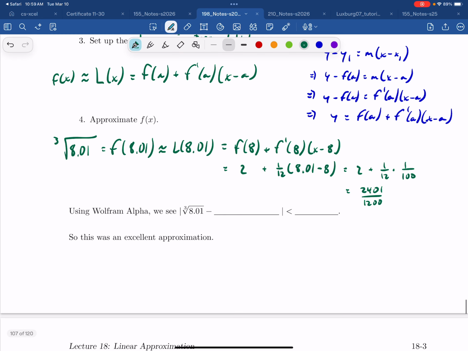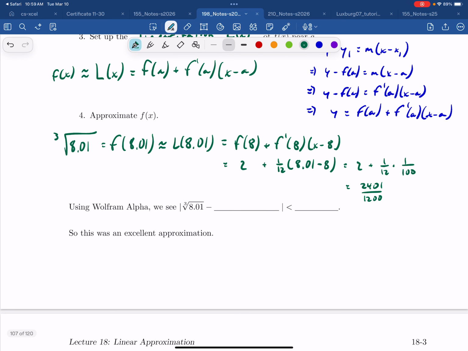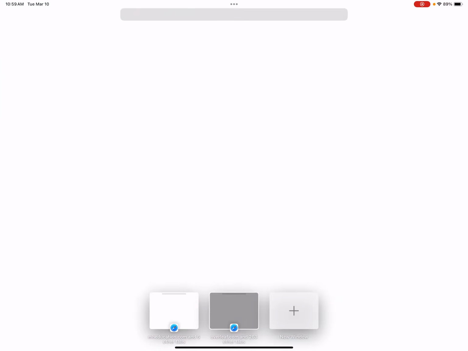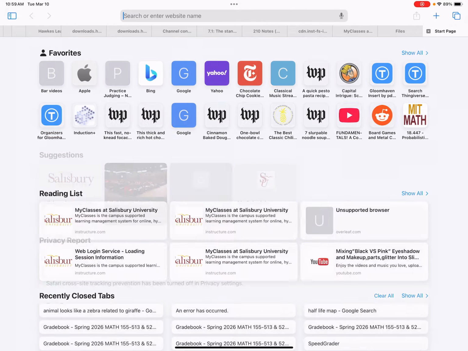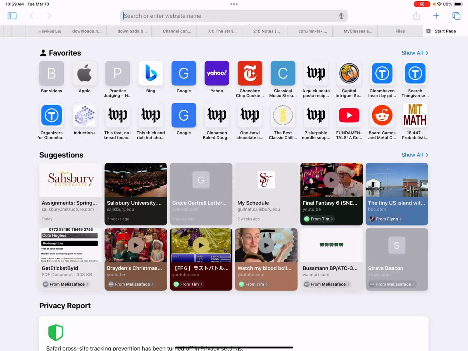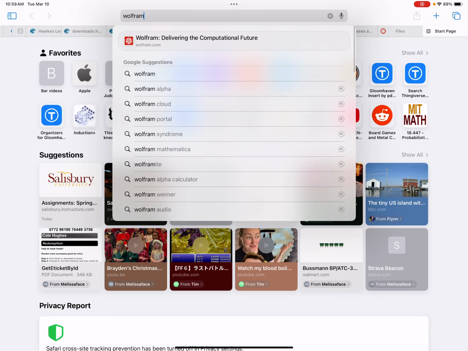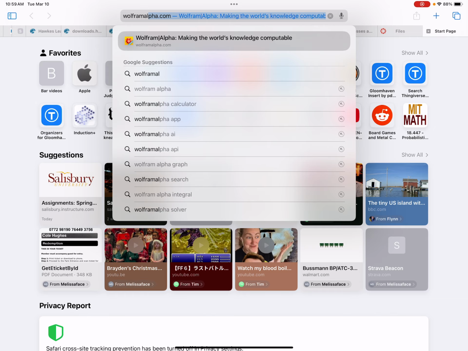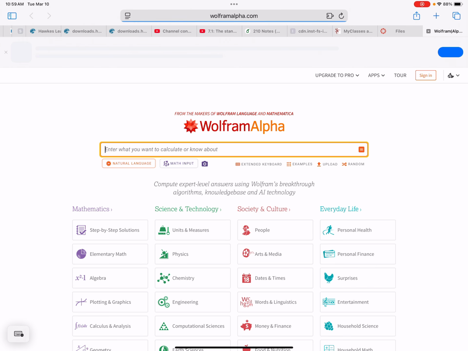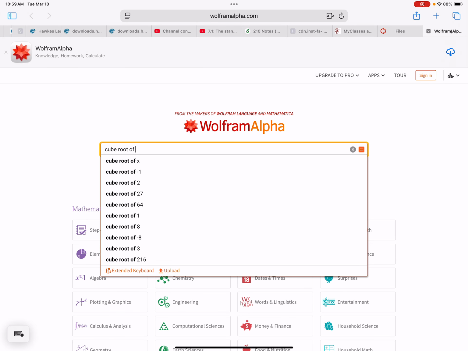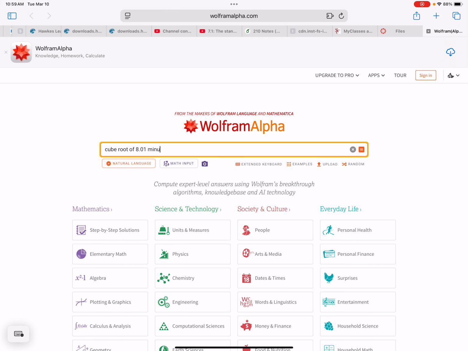If you just want to use an online calculator, let's just type in Wolfram Alpha. It's a nice little online calculator. So we can ask, what is the cube root of 8.01 minus 2401 over 1200?